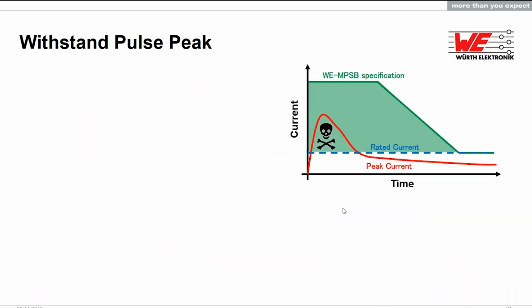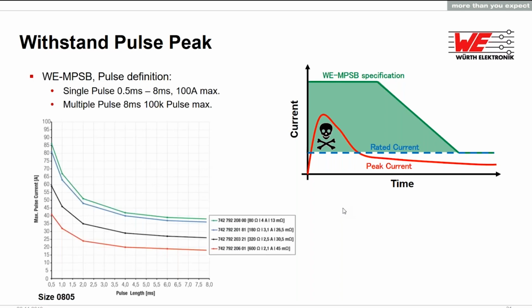We have one particular series called the MPSB, where we have a new definition, not just the usual rated current. There is a specific MPSB specification that we make sure can handle these inrush currents. From this chart, we test a pulse length of 8 milliseconds at 100 amps.